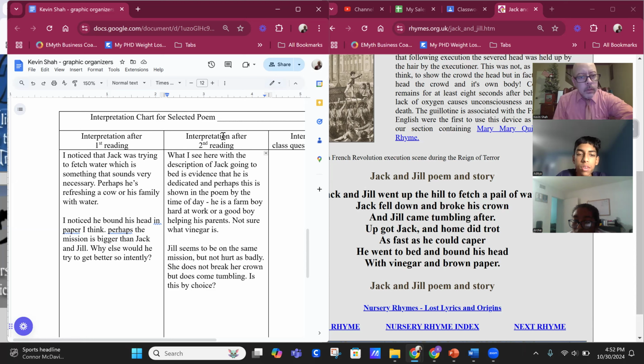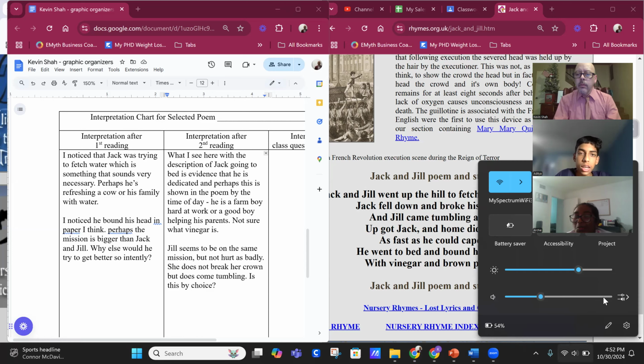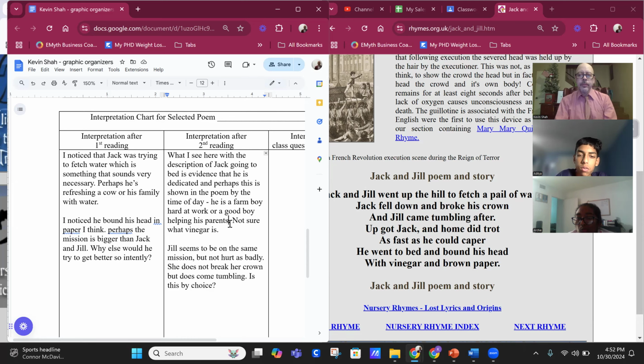He must not be a very good doctor since he is wrapping his head in vinegar, which does not sound smart. My second one is might be a poor family since they have to fetch water from far away. Also, he wraps his head in very rudimentary items, showing the lack of expensive medical care. And I thought there seems to be a gender hierarchy in this short story since both genders get hurt, yet only Jack is talked about.